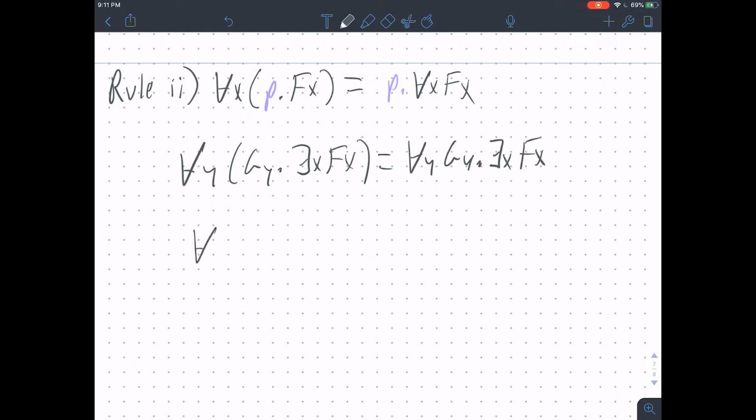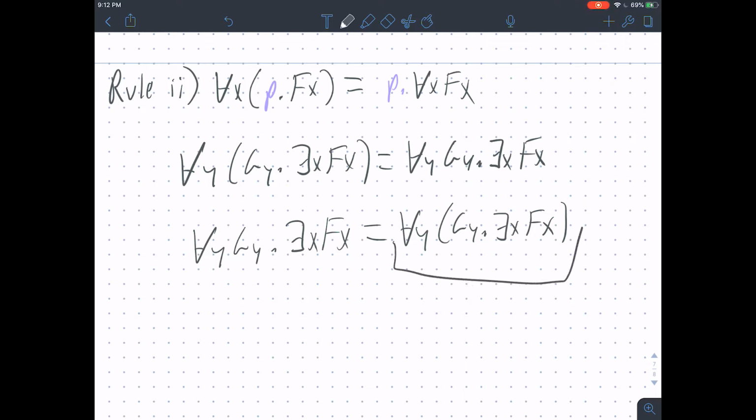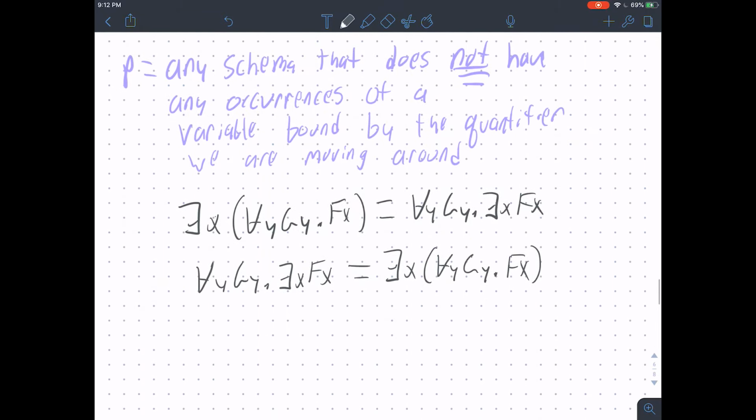So if we had the right side, that would be equivalent to... and so, yeah, if we had this, we could apply the rule that we just learned, right?